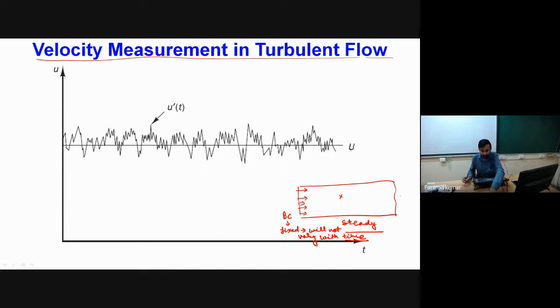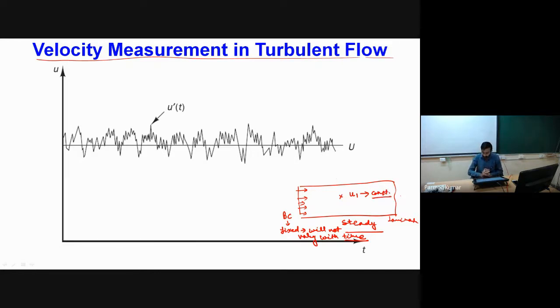If I take any specific location, and my boundary conditions are fixed and not varying with time, and if we are operating under laminar conditions, we will find that at this specific location I will have some value of velocity u1, and this value of u1 will remain fixed, will remain constant. It will not change.